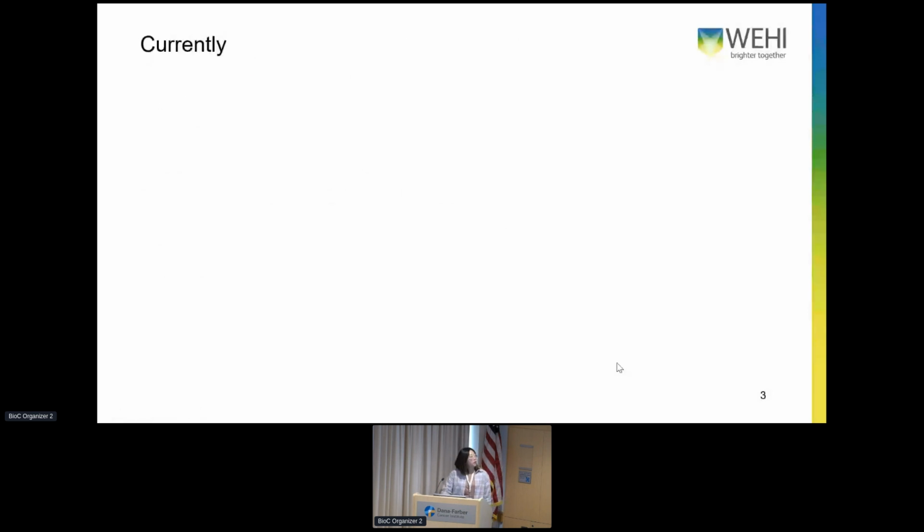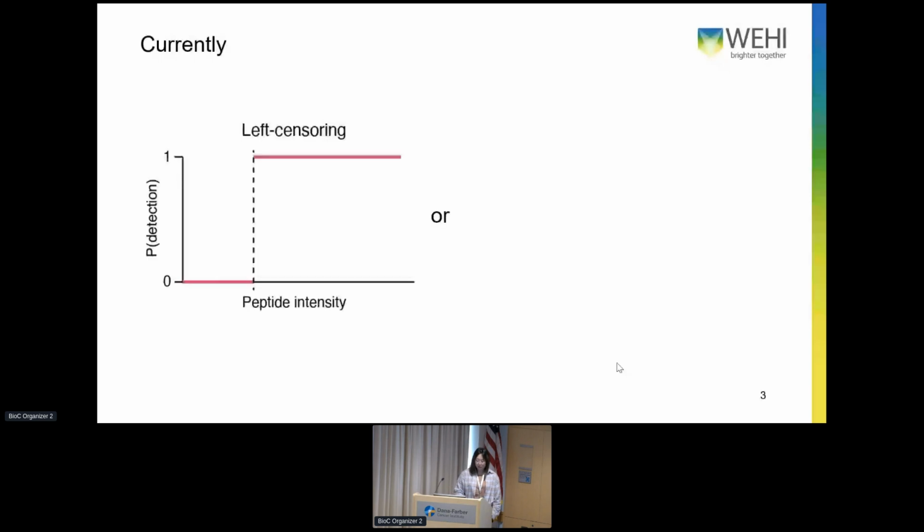Currently, a lot of the existing methods treat the missing values in label-free proteomics data as either left censored or missing completely at random. By left censoring, we can model the detection probability by this step function, where if the intensity of a peptide is below this threshold, the value must be missing from your data, and if the peptide intensity is above the threshold, the value must be observed.